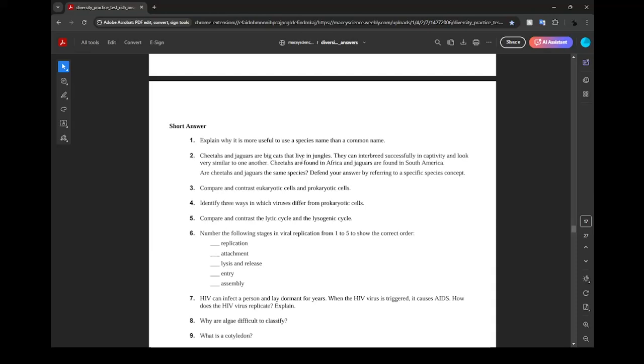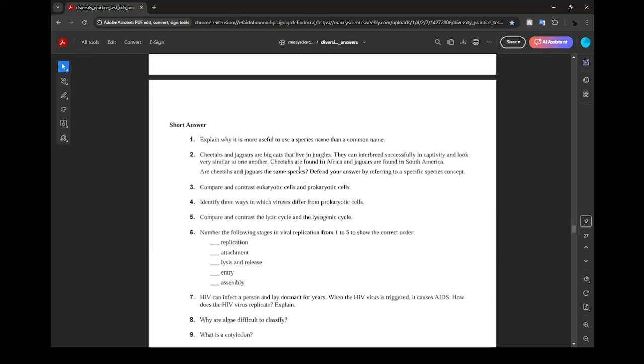They can interbreed successfully and look very similar to one another. Africa and South America. Are what? I'm sorry, what? Okay.